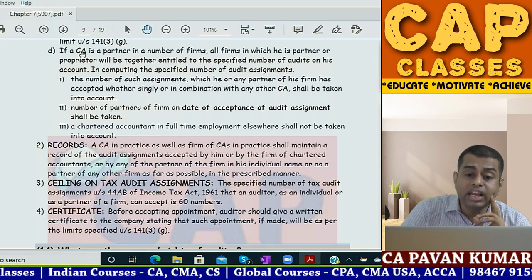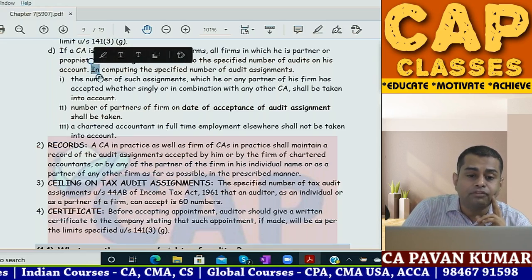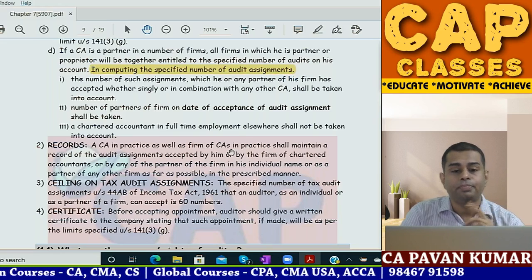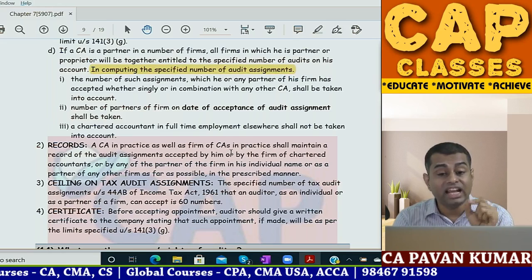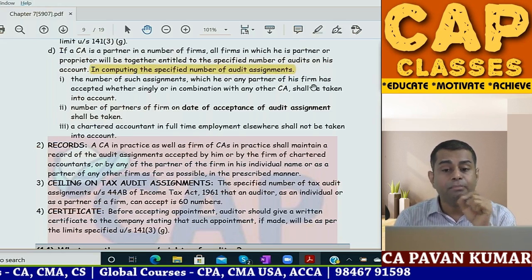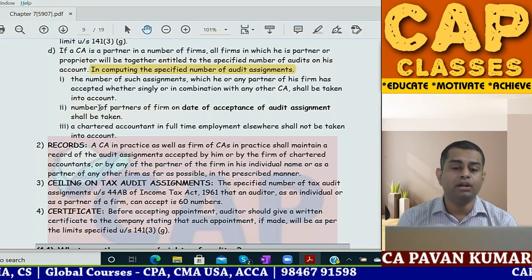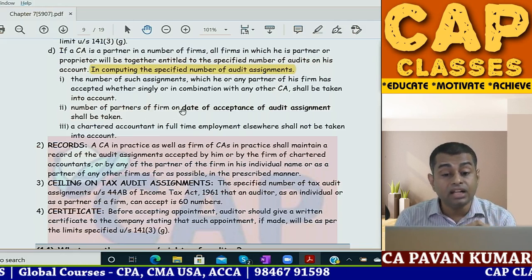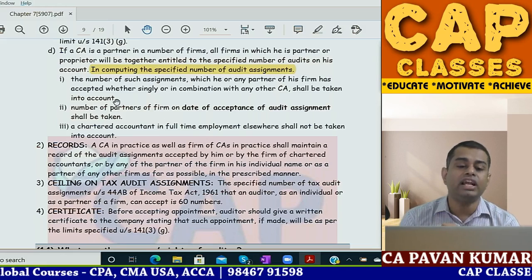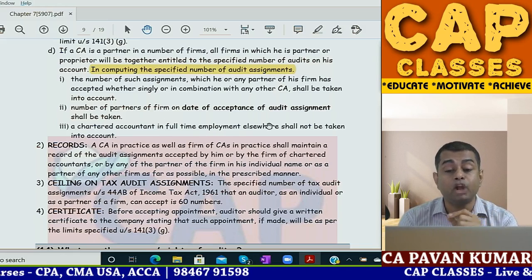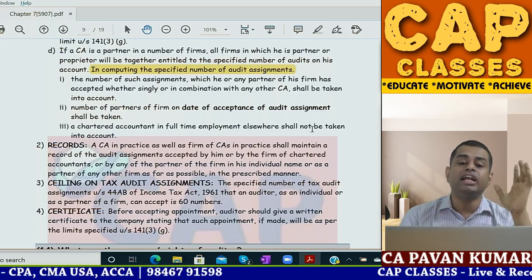Now, in computing the specified number of audit assignments, underline, very important: the number of such assignments which he or any partner of his firm has accepted, whether singly or in combination, shall be taken into account. The number of partners on the date of acceptance of the audit engagement shall be taken into account. A chartered accountant in full-time employment elsewhere shall not be taken into account.